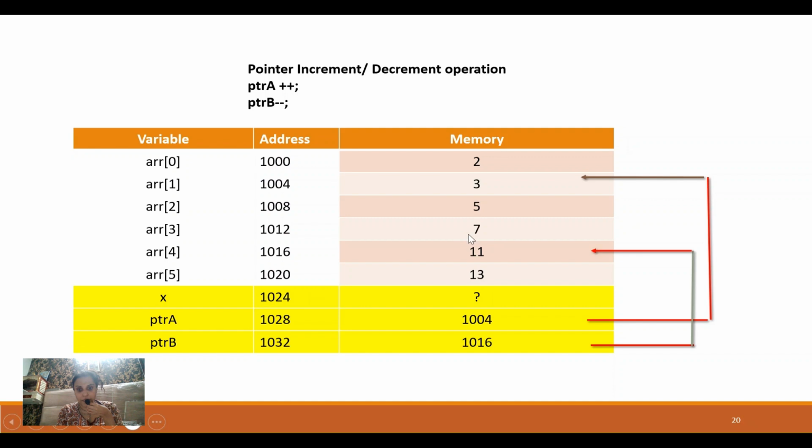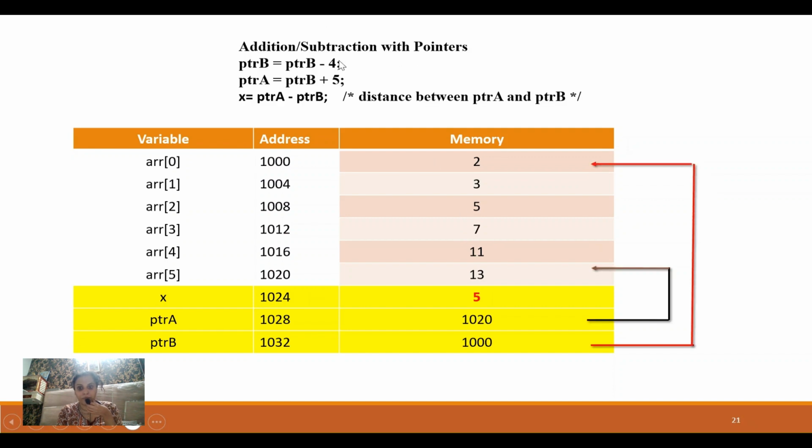So 11 minus 4, sorry, not 11 minus 4. What it basically means is not the actual subtraction but the number of steps. So if it is at 11, it will move minus 4, so 1 2 3 4, and it will start pointing to 2.